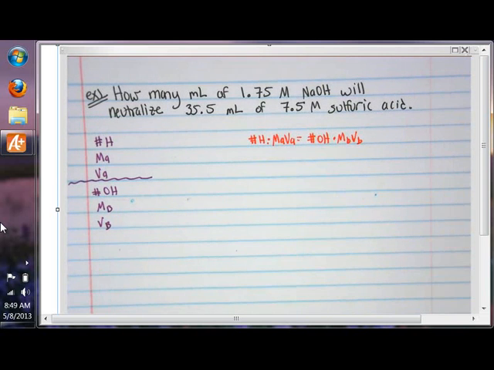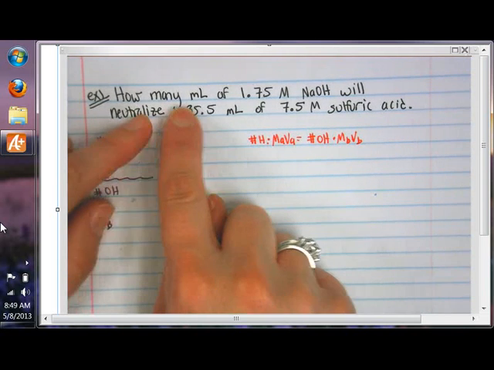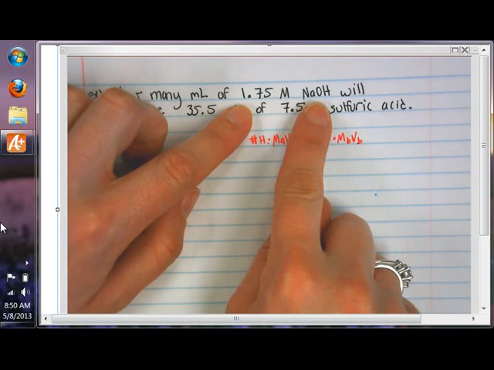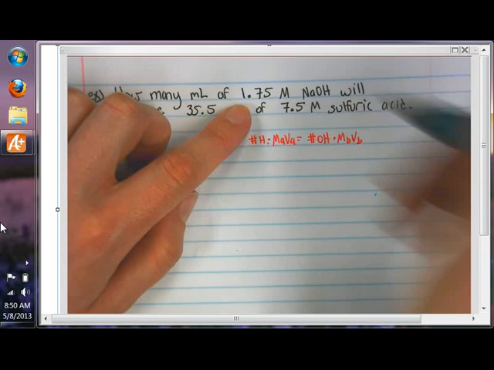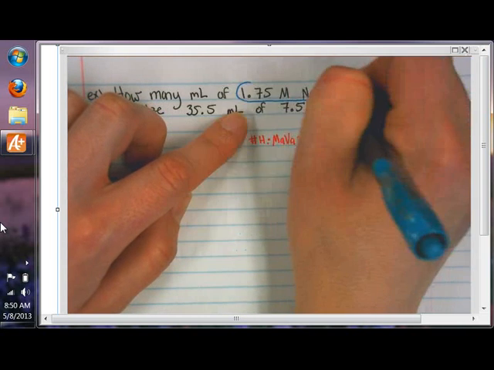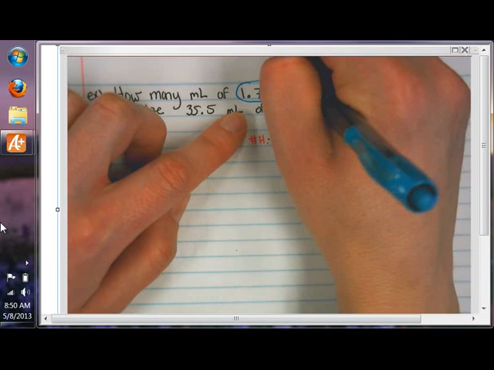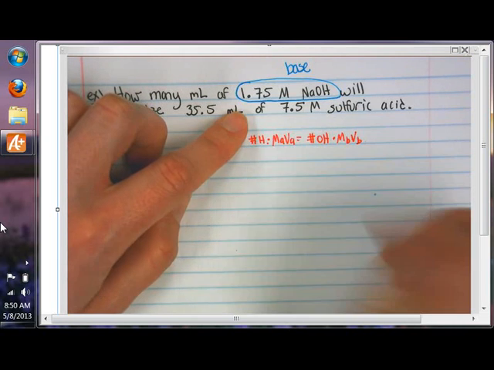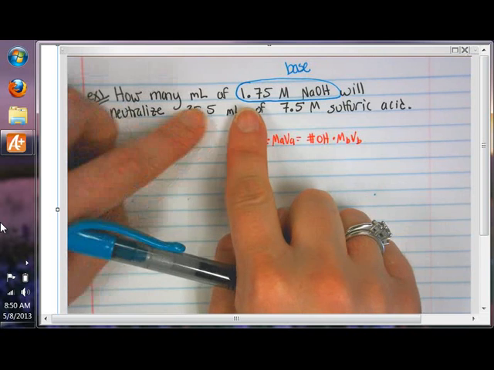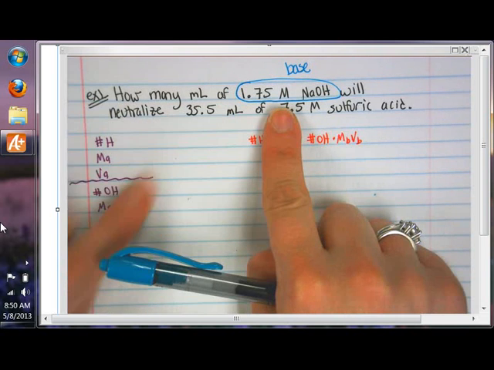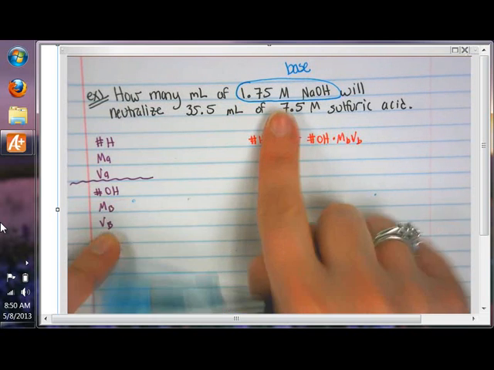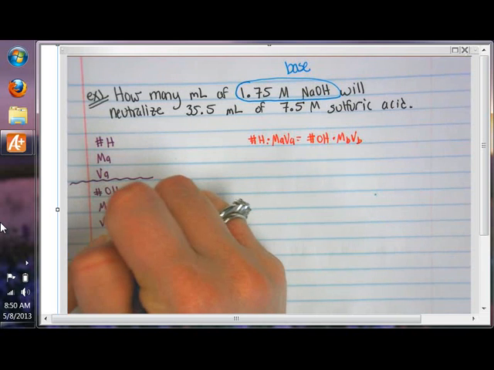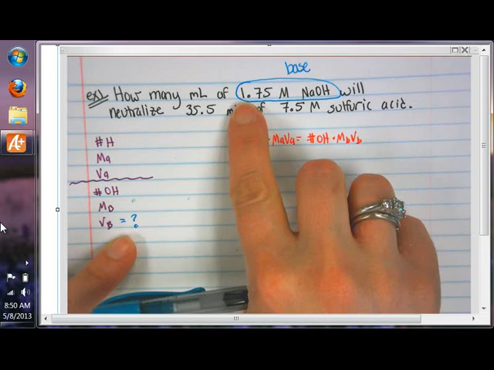So it says, how many milliliters of this molar sodium hydroxide? Now, this guy, this is my base. Okay, and they said how many milliliters of the base. So they want the volume of the base. And it told me my molarity of my base.